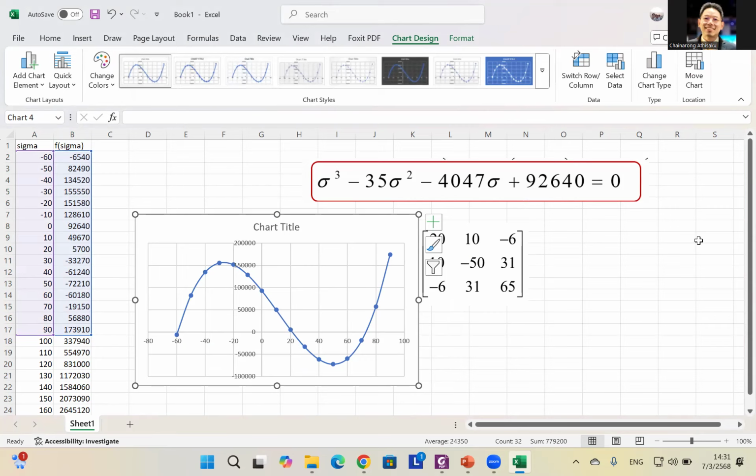Can you find how many roots? We can see 3 roots right now, but the first root is maybe not clear.